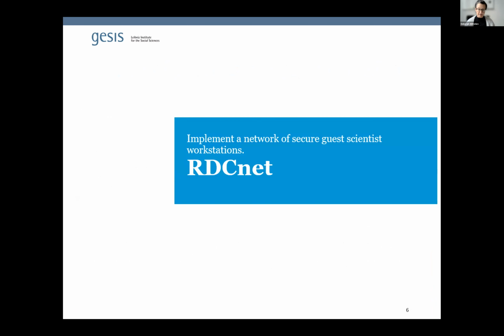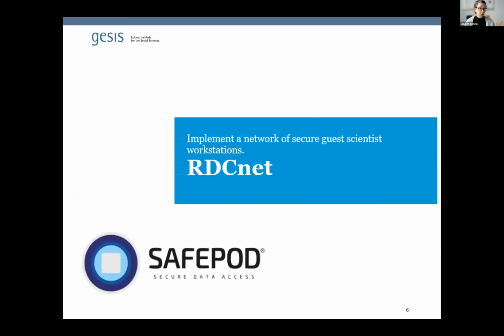So really exciting to see how that will play out, and the Secure Data Centre will be part of that project. In the UK, we have the SafePod network, which is not my area of expertise, but it's essentially setting up a number of SafePods across the UK, which will function as access points for these types of data as well. And again, if you want more detail, there are some good reports online.